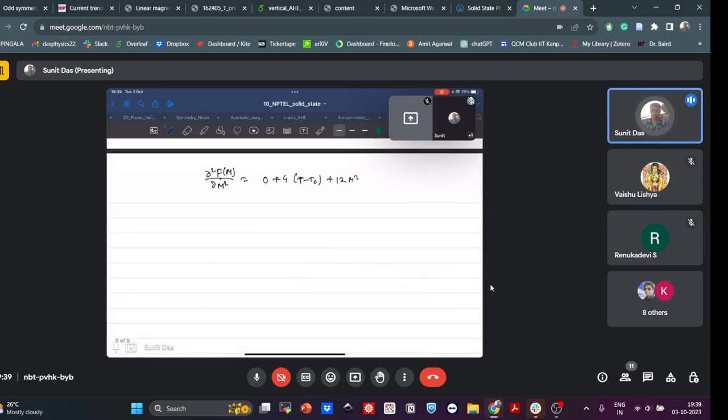Now let's find both conditions. When m equal to 0, then del 2 f del m2 becomes 4 into t minus tc.